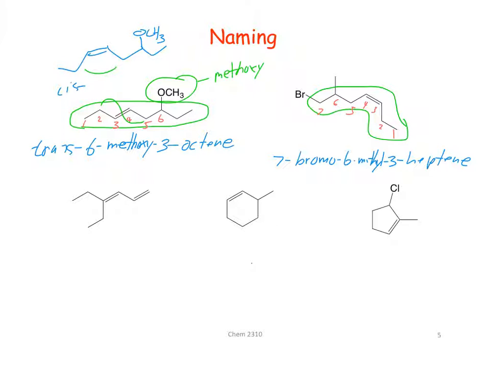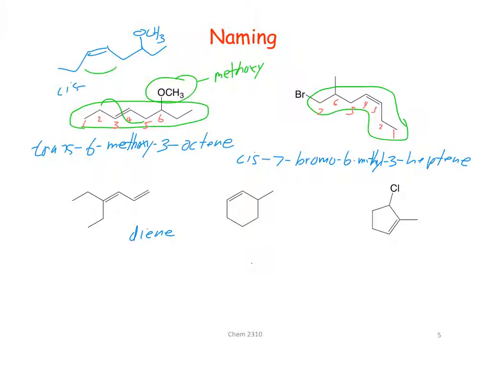Alright, anything else we've got to put in here? Alright, so this one could have a stereoisomer as well, and so this is a cis-7-bromo-6-methyl-3-heptene. Alright, if we have more than one alkene, this is called a diene.